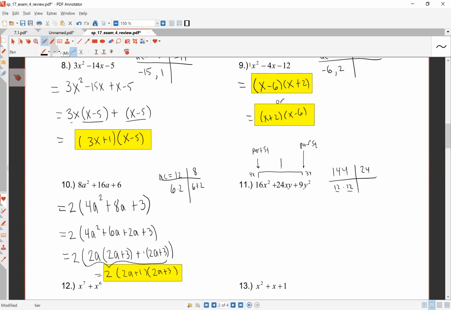And if our middle term is twice those two pieces, which it is, then that means that this is a perfect square. And it is the square of 4x plus 3y.